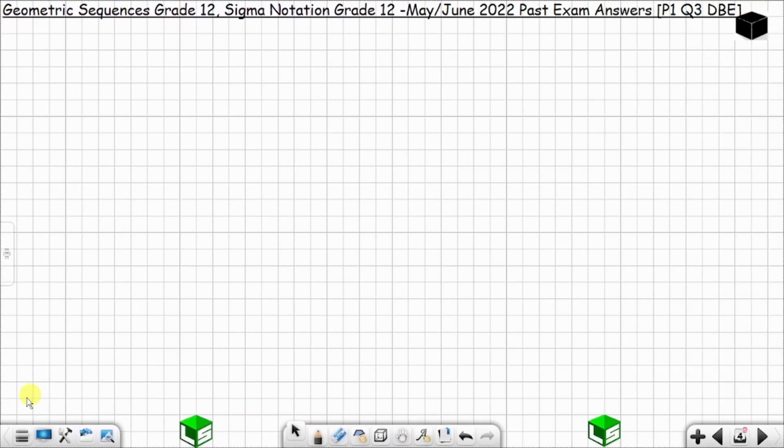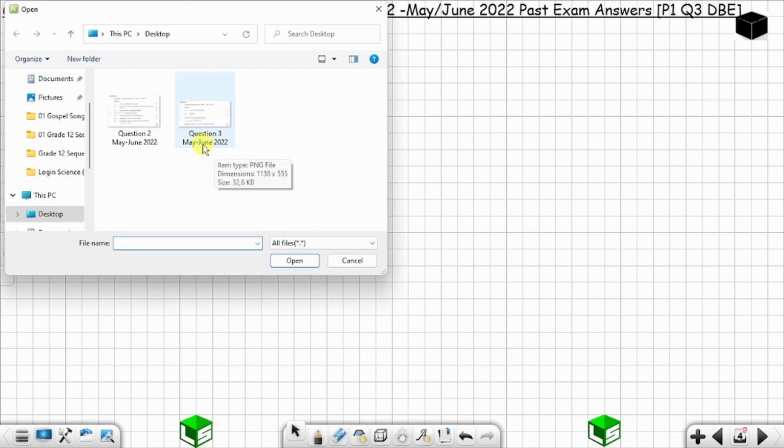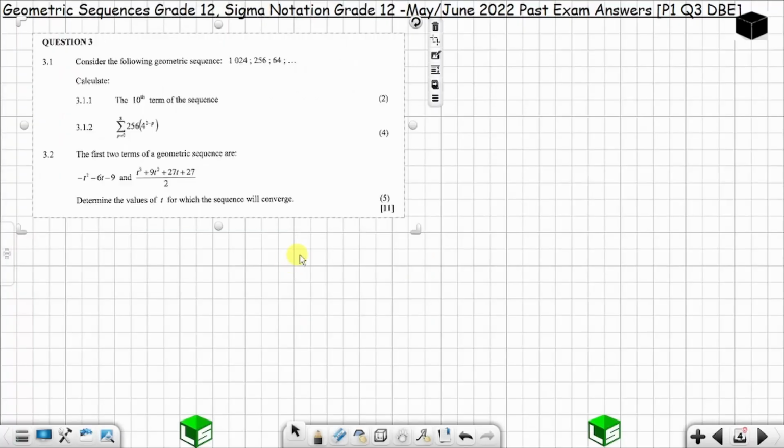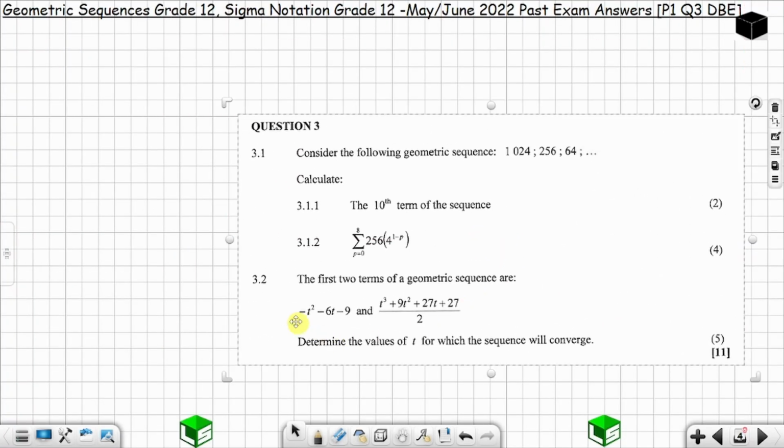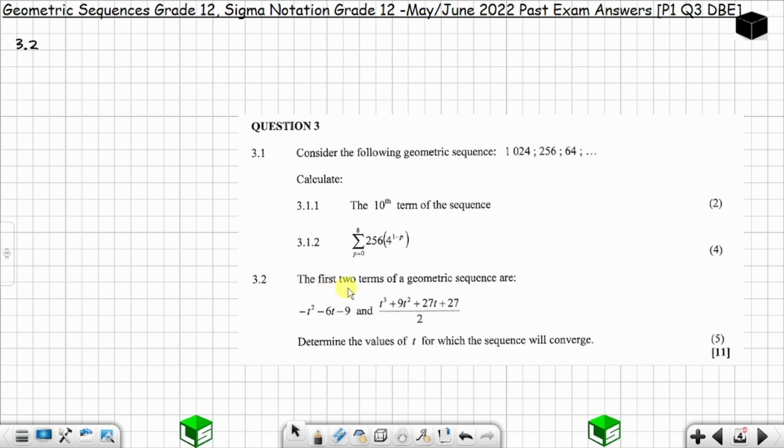So now the next question, let me get the question again. It's question 3 from May-June 2022. Okay. This is the question. Now it's 3.2. You are given the first two terms of a geometric sequence are this one and this one.